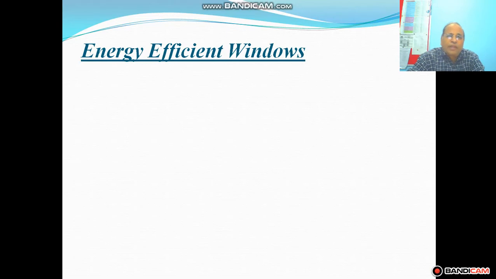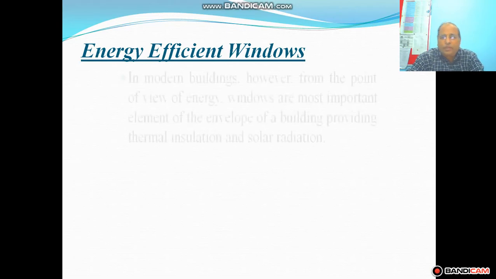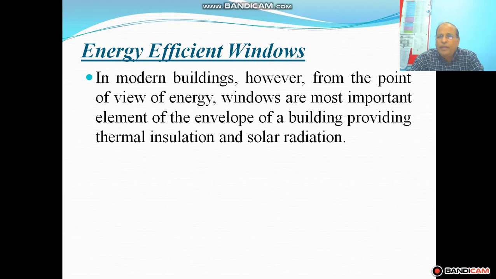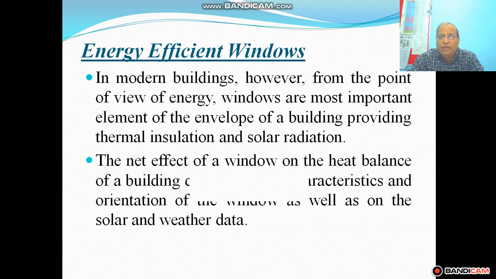Now come to the second point, energy efficient windows. In modern buildings, from the point of view of energy, windows are the most important element of the envelope of a building, providing thermal insulation and solar radiation.